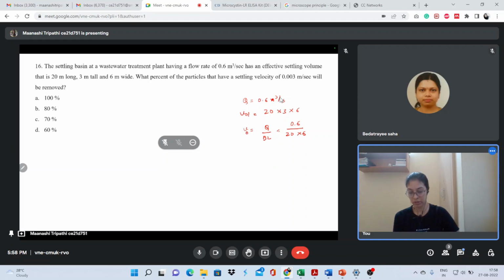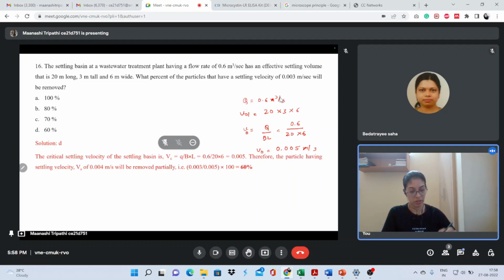What is V naught? V naught comes out to be 0.005 meter per second. So what percentage will be removed? This is the solution, 60%. How?